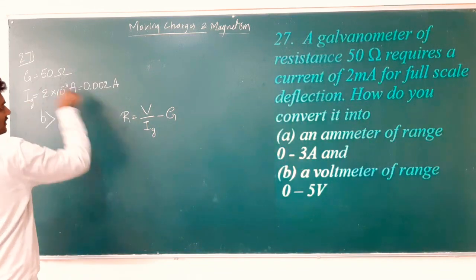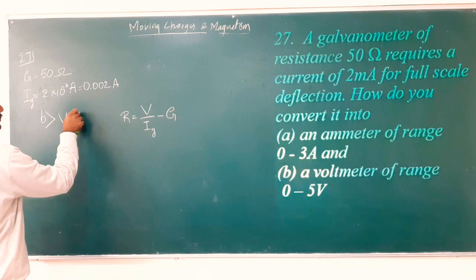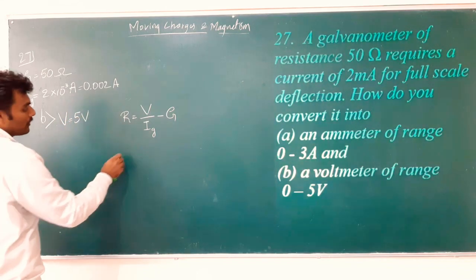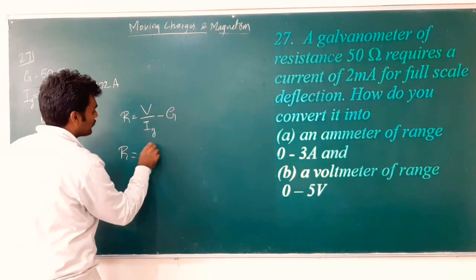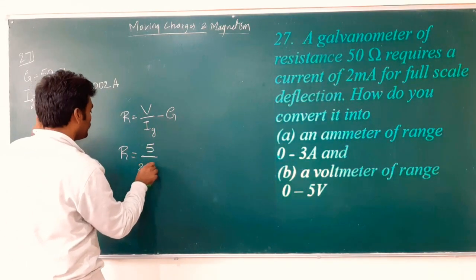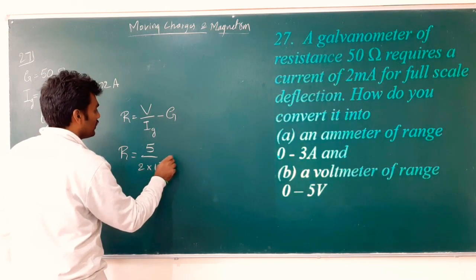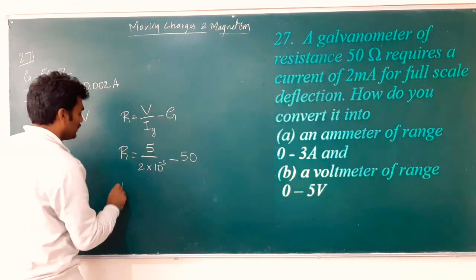We have Ig and G given, and V, the range of voltmeter that we require, is also given, which is 5 volt. So R becomes equal to V is 5, by Ig is 2 into 10 to the power of minus 3, minus capital G is 50. Right.